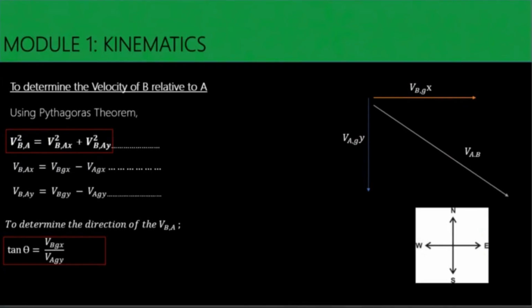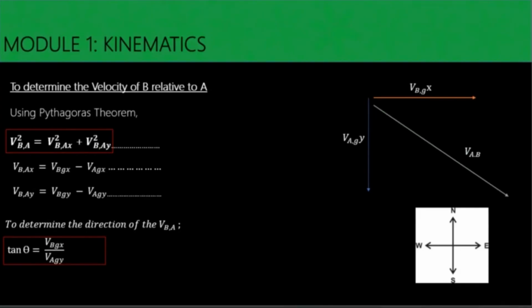I think you get more clarity when we solve some activities here. So this was the second one I was describing: if it's the other way around, if you are to determine the velocity of B relative to A, of course, you have to consider the X and the Y direction because it is not parallel.